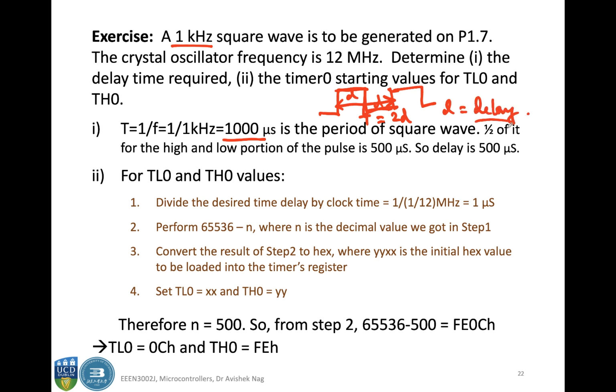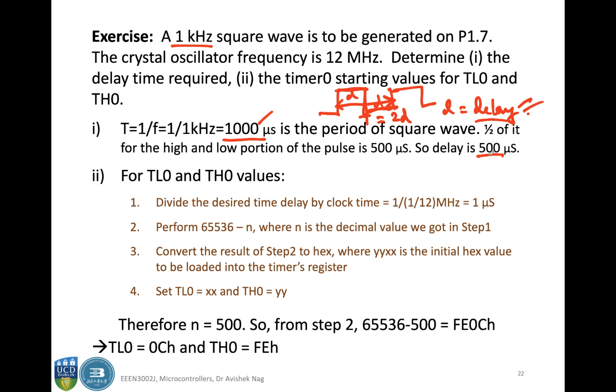And to make this delay, you are using the timer to load some value and let it count, and as long as it counts, it generates this delay as you saw previously. So basically in this case the delay has to be 500 microsecond because my square wave period is 1000.